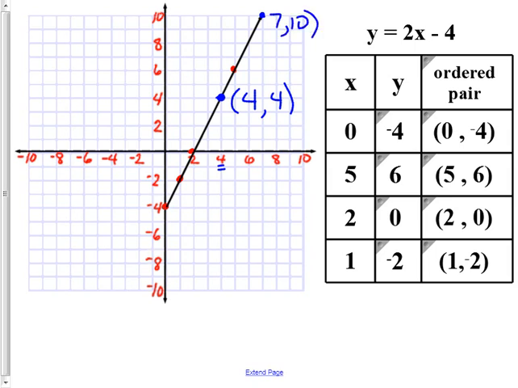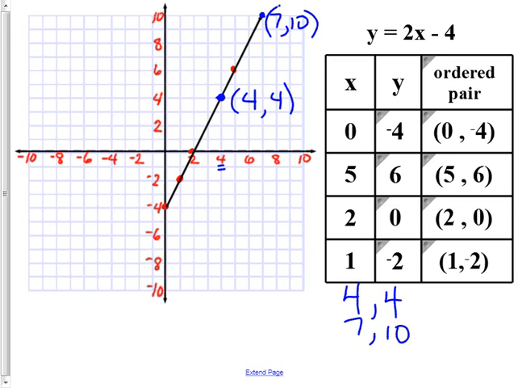Let's see if that works. So 4, 4. 2 times 4 is 8, and 8 minus 4 is 4. Let's try 7, 10. 2 times 7 is 14, and 14 minus 4 is 10. That ordered pair also works.